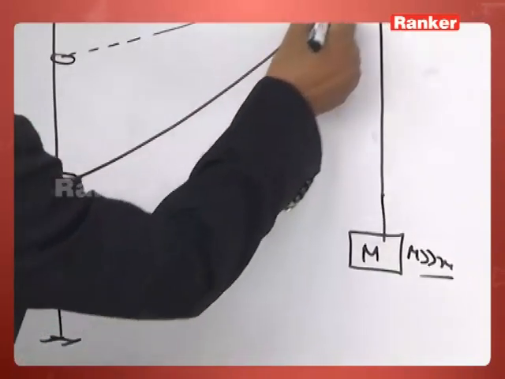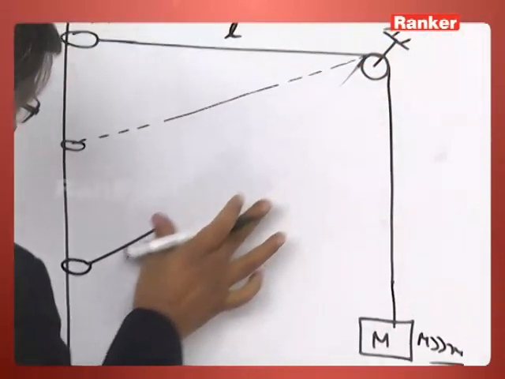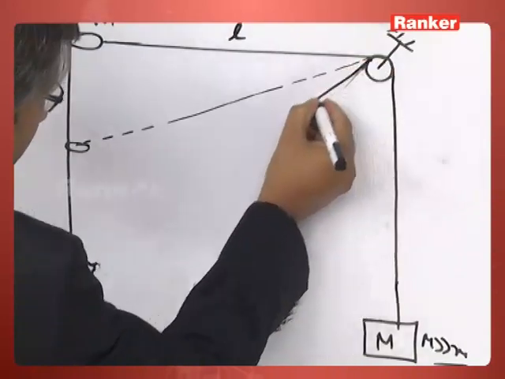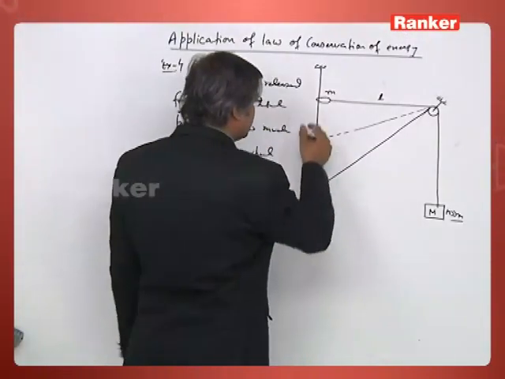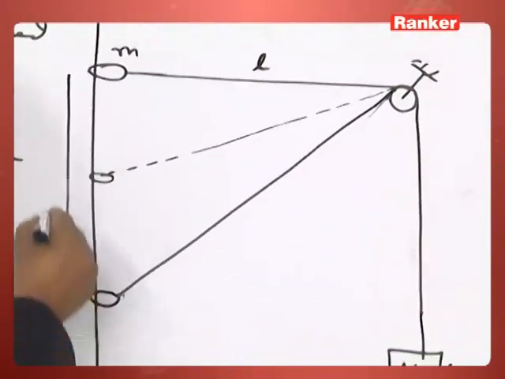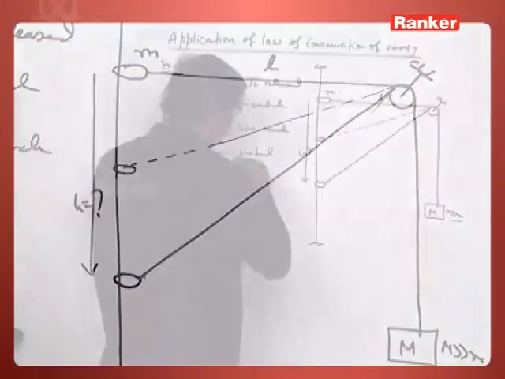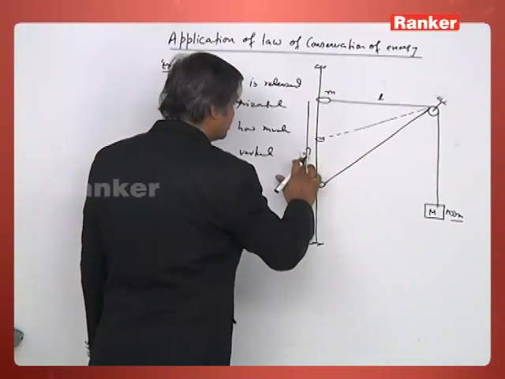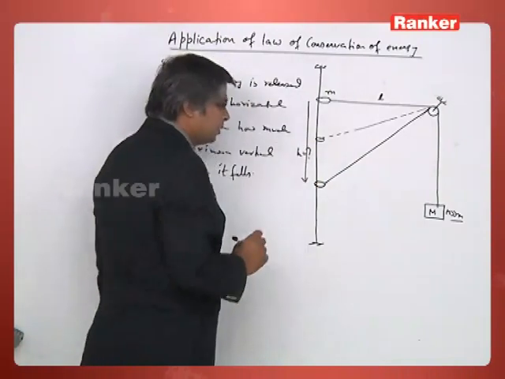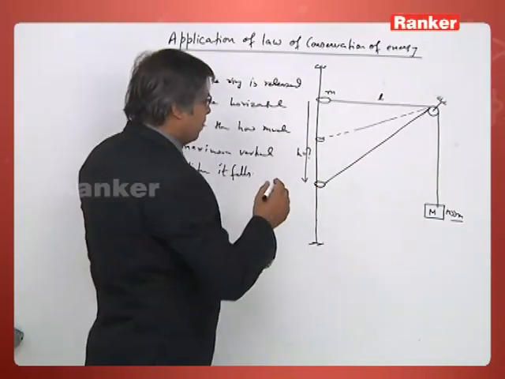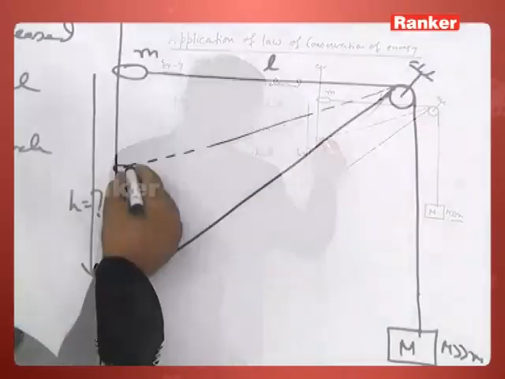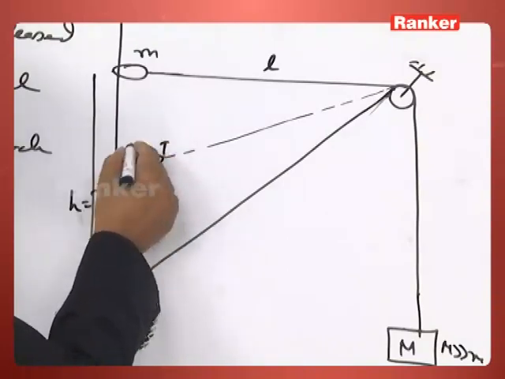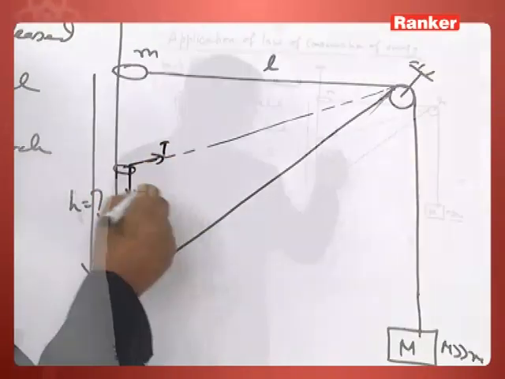This is the maximum distance. It falls down. This is h. Maximum distance it falls, that we have to calculate. Maximum distance h. Now you see here what type of motion this ring will exhibit. So here the component of T in this direction balances weight.